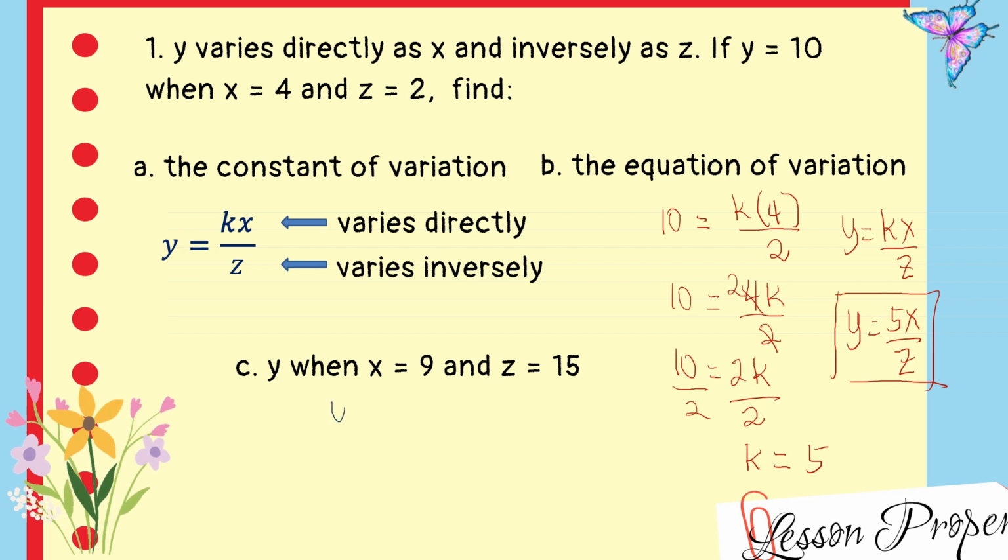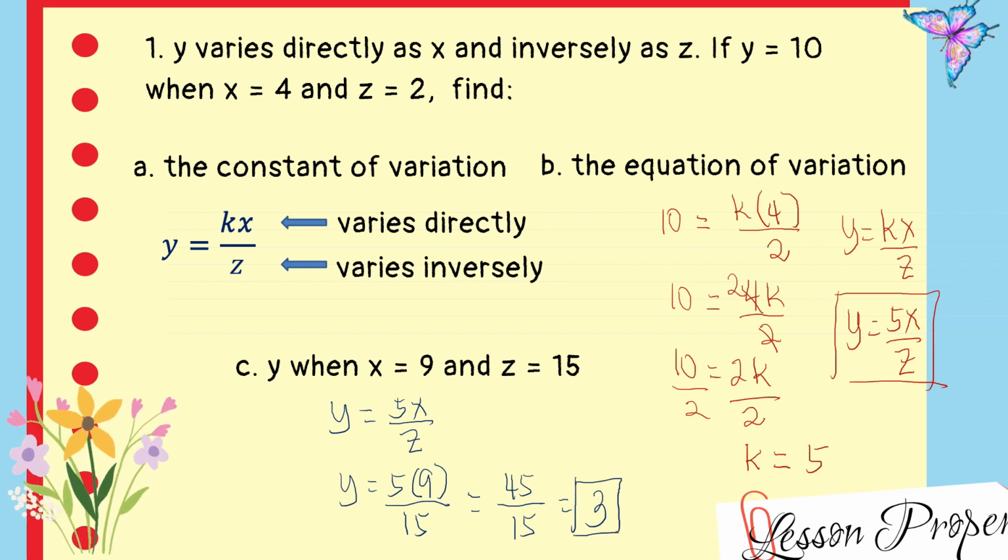Since we have the equation y equals 5x over z, then to solve for y, we have 5, x is 9, and z is 15. So 5 times 9 is 45 over 15, and 45 divided by 15 is 3. So therefore, y is equal to 3 when x is equal to 9 and z is equal to 15.